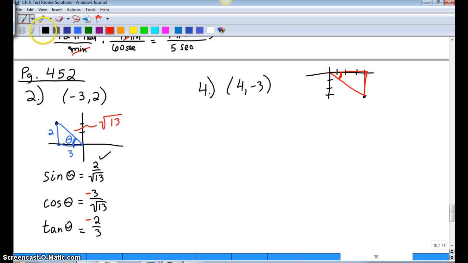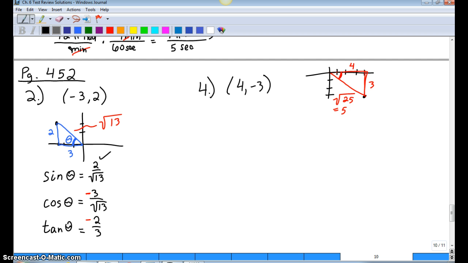So back to this case, we've got, let's see, 4, 3, square root of 25. Right? That's our Pythagorean triple, 3, 4, 5.